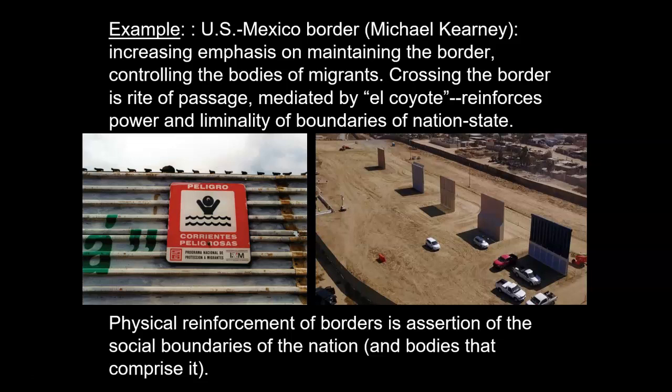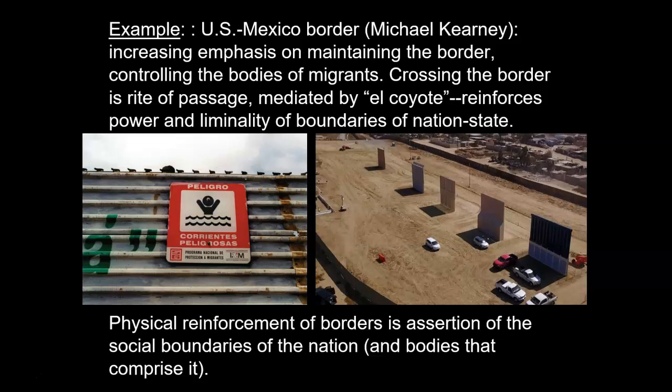in particular, the U.S.-Mexico border. This is, again, another example of this body politic. And what Kearney writes about is this increased emphasis on border control, and particularly in controlling the bodies of migrants, and how the fetishizing of the border is both about controlling the movement of individual bodies and shoring up the boundaries of the nation state, and really asserting which bodies can comprise that nation.